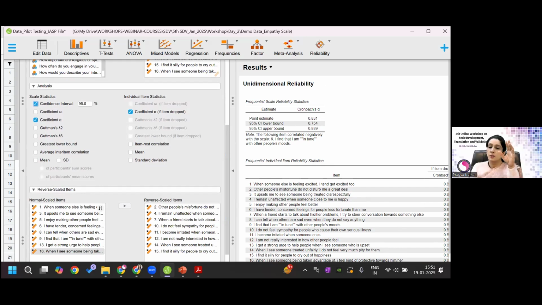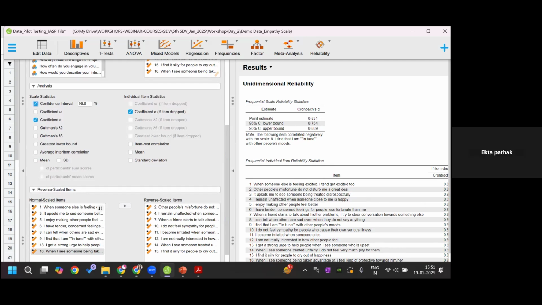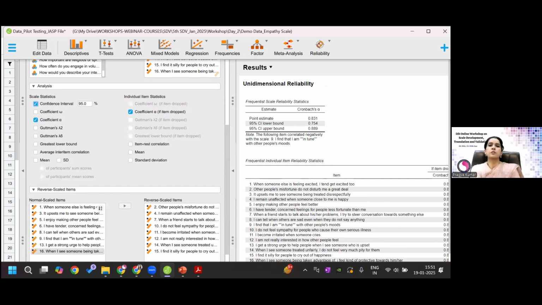Not for an individual. What will I do for an individual score? I need a sample. Can you give an example? Ma'am, Cronbach alpha varies from one population to another population. So every time we administer a questionnaire to another kind of population, we'll have to recalculate the Cronbach alpha for that population. Yes. Suppose I'm using PHQ-9.